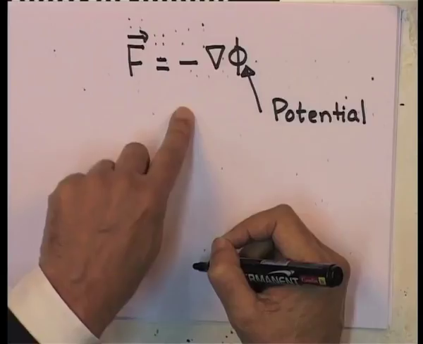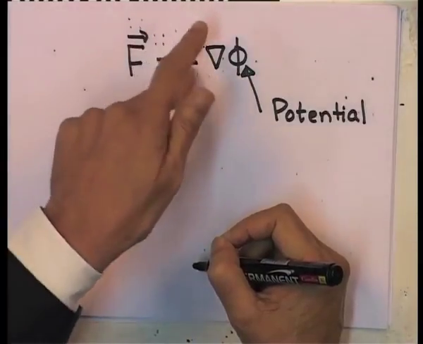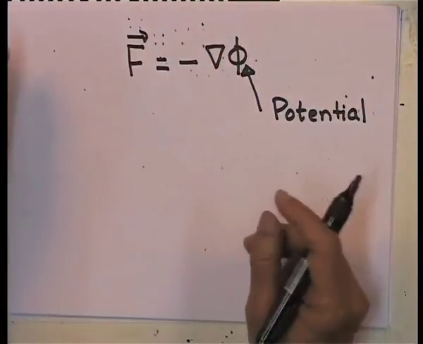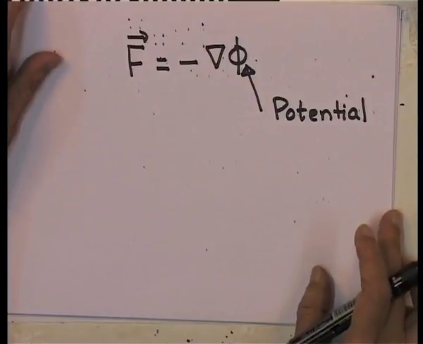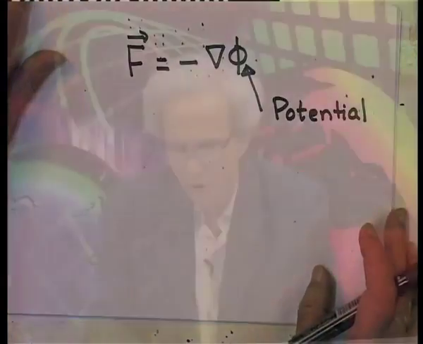But in electrostatics we will be using this convention, namely force is the negative gradient of a potential function, and the potential is a scalar function. So, this is about line integrals.